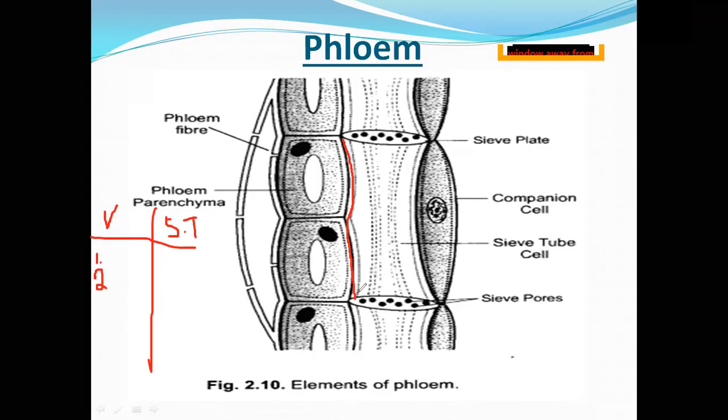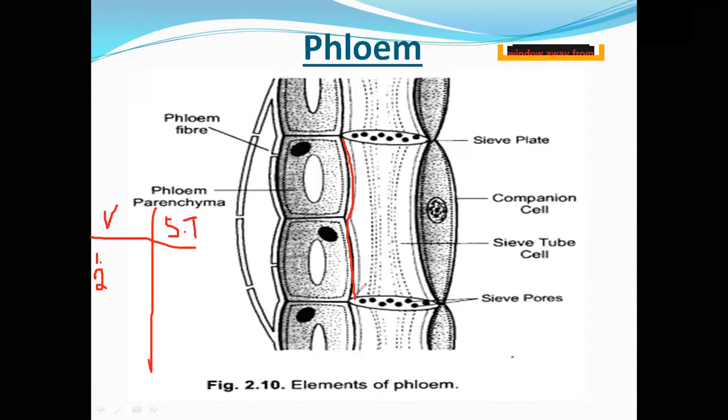The sap concentration is very low in vessels and very high in sieve tubes. Vessels do not have any turgor pressure, meaning the turgidity is almost nil, whereas sieve tubes have a high turgor pressure.